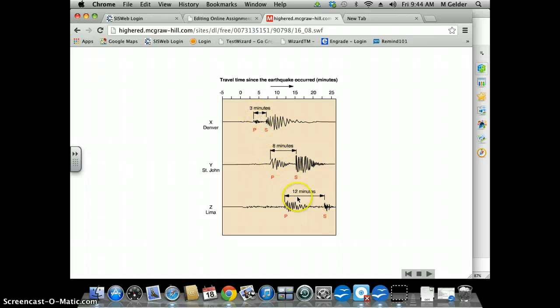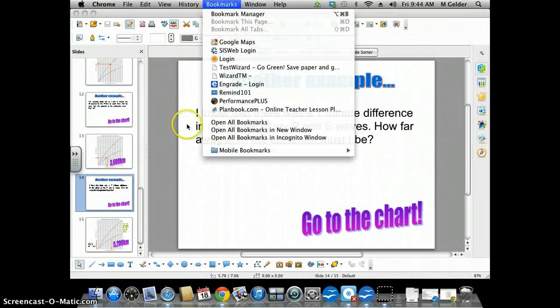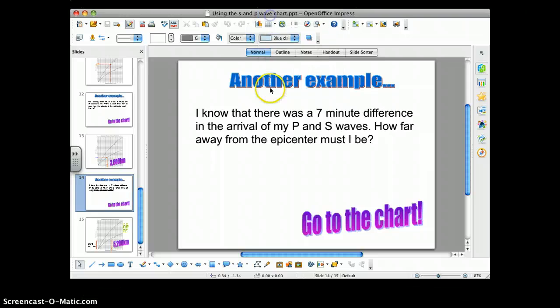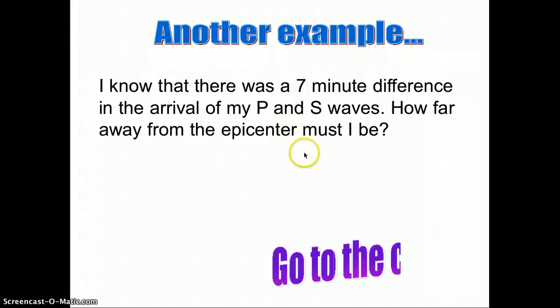To figure out where that earthquake occurred, we can use the chart on page 11 in the reference table. First you have to find the time difference between the S wave arrival and the P wave arrival. After you do the math of subtracting those, let's say it's 7 minutes here.